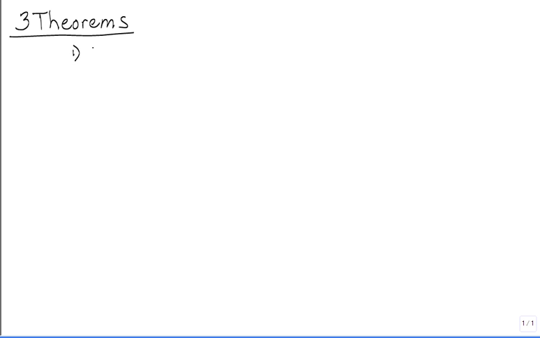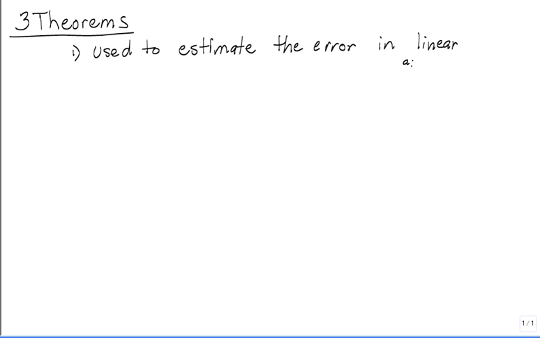So one way these theorems are used: we can use them to estimate the error when we use linear approximation, when we approximate a curve by a line. It will explain the first derivative test, which we haven't done yet.